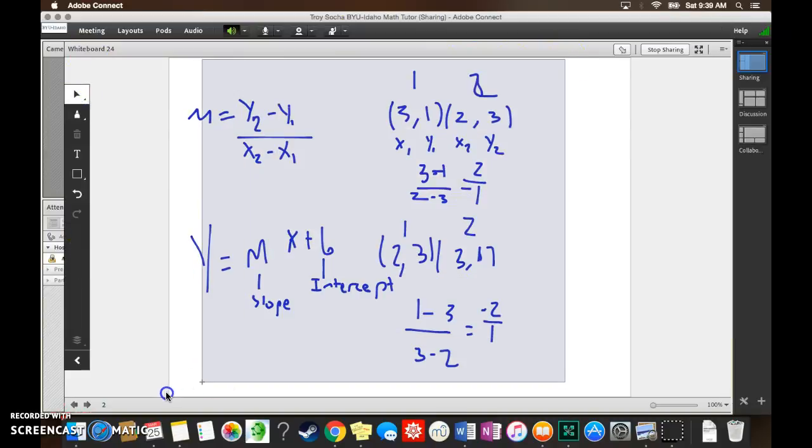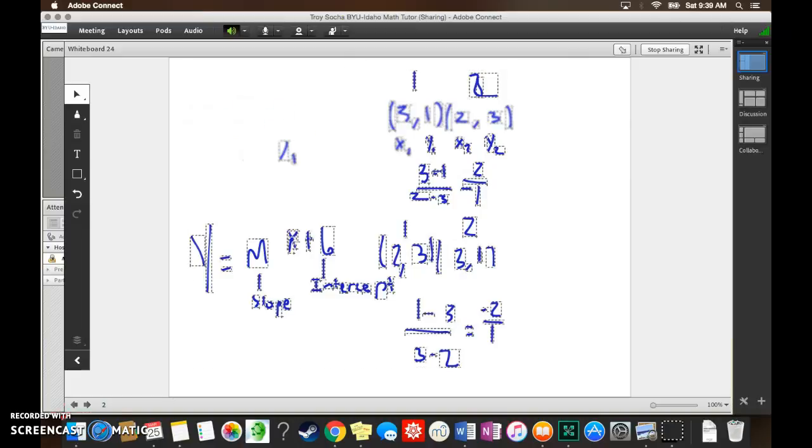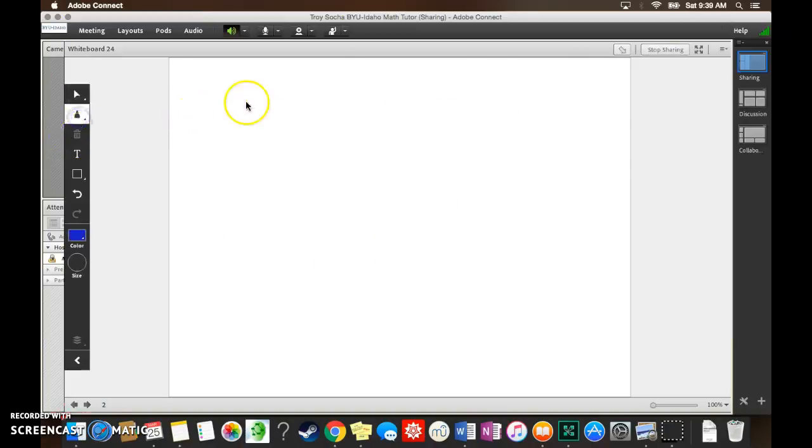So if we have a pair of 2 points, and we want to produce a line, let's use our same points that I made up. All right, so we're going to use these points to produce a line.